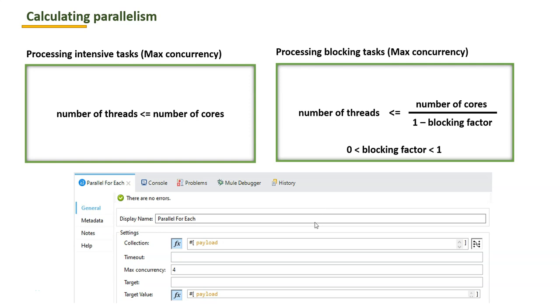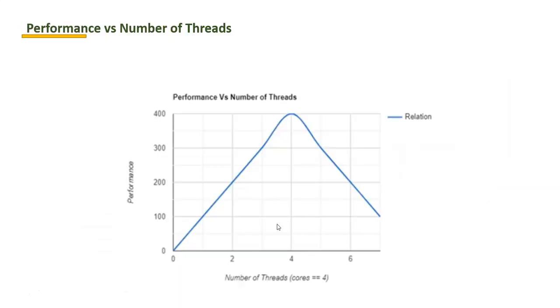The MuleSoft execution engine is capable of optimizing and providing this max concurrency by default. But if we want to customize the max concurrency with respect to the blocking factor, then go for a max concurrency value. Otherwise, let the Mule execution engine handle the max concurrency.